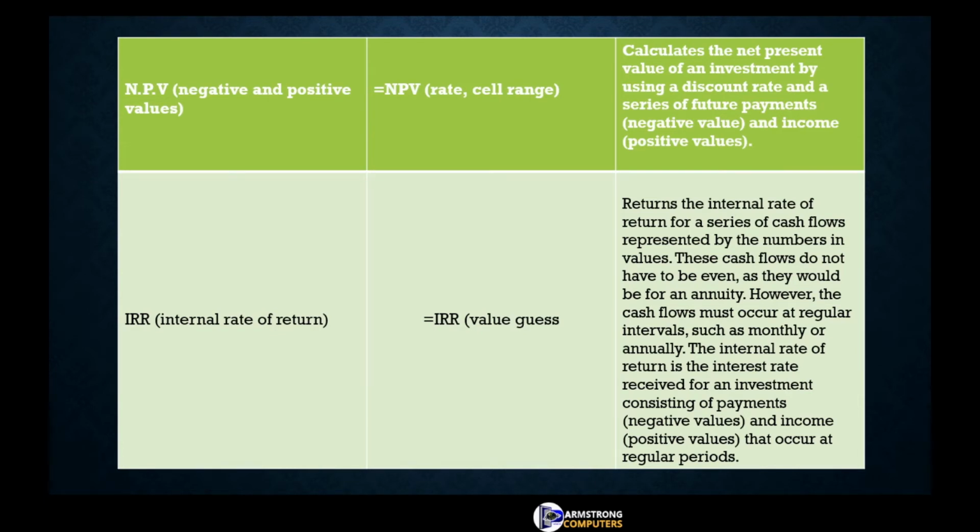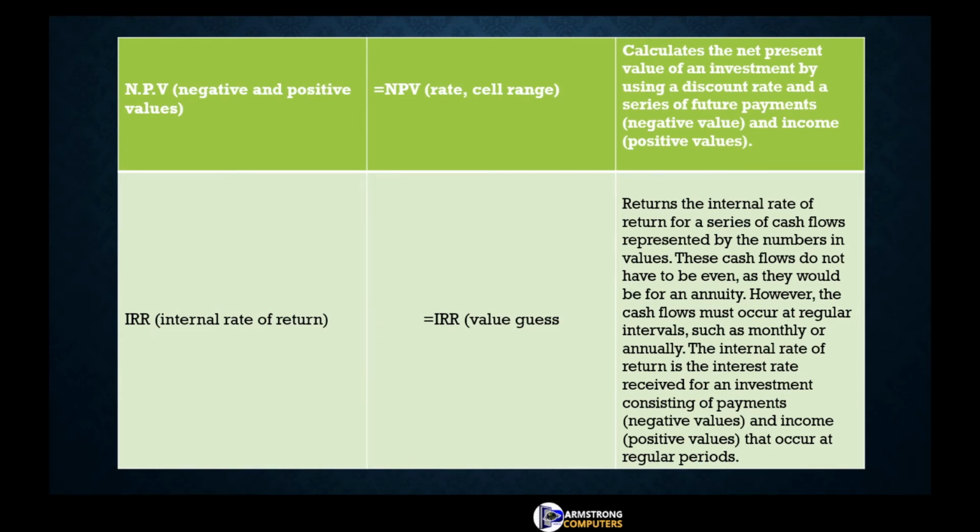These cash flows do not have to be even, as they would be for an annuity. However, the cash flows must occur at regular intervals, such as monthly or annually.